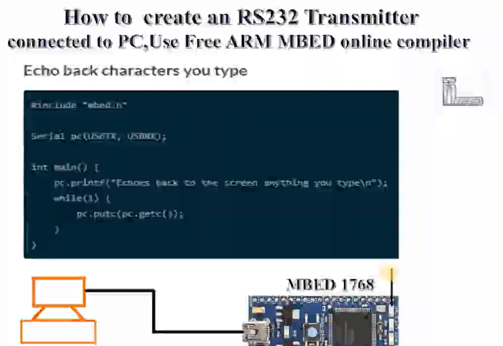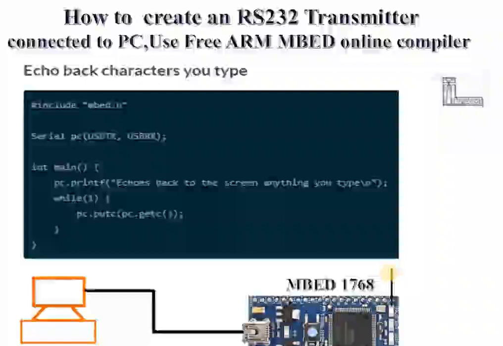You can create an account and write a C++ program to create the firmware for Mbed 1768, the ARM Cortex M3 1768 chip, which is used to program this. This is a very cheap and most advanced and one of the upcoming technologies. This is called mbed.com. You can log in and see.